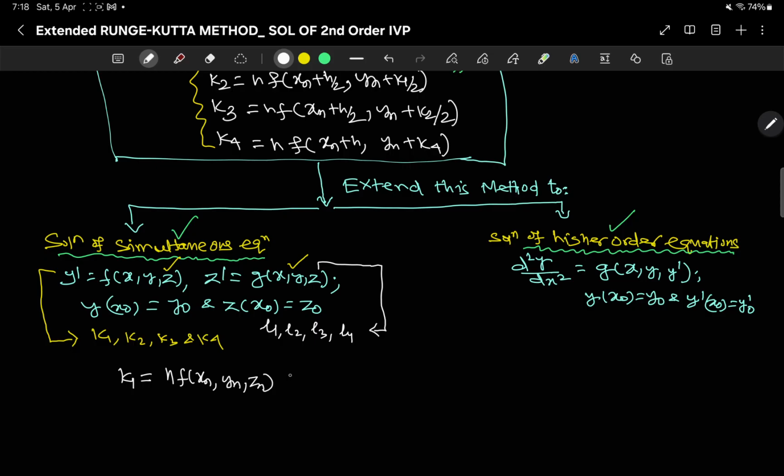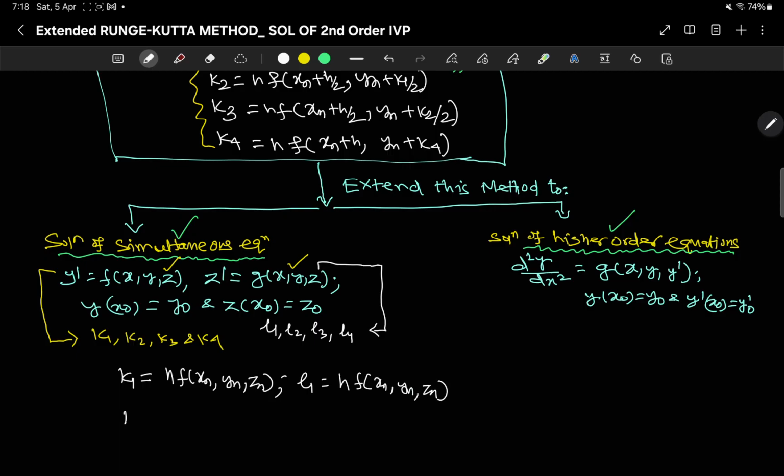Here k1 = h f(xn, yn, zn), and L1 = h g(xn, yn, zn).